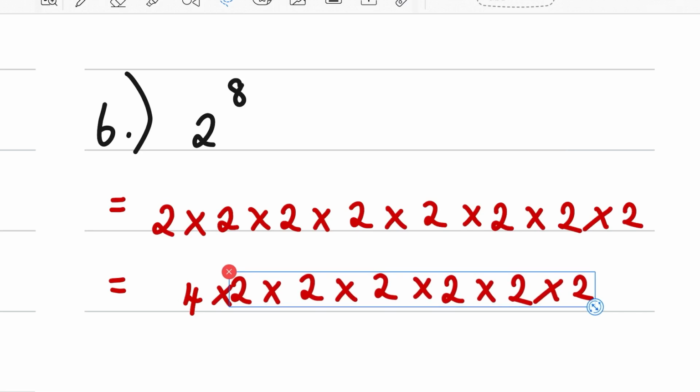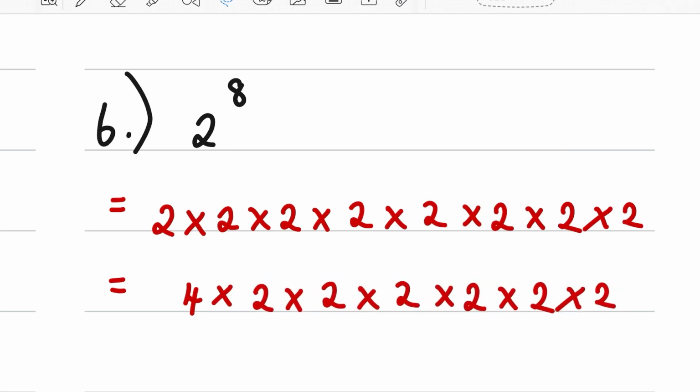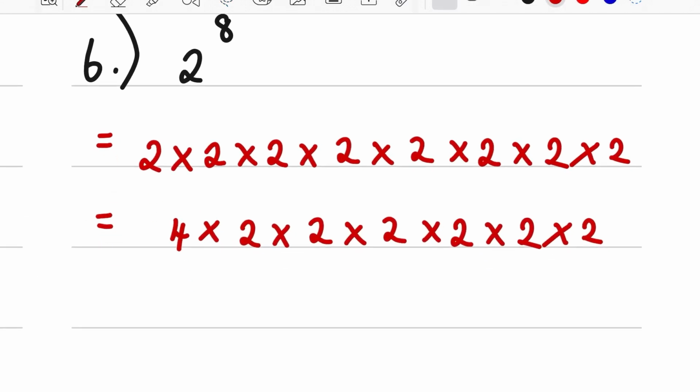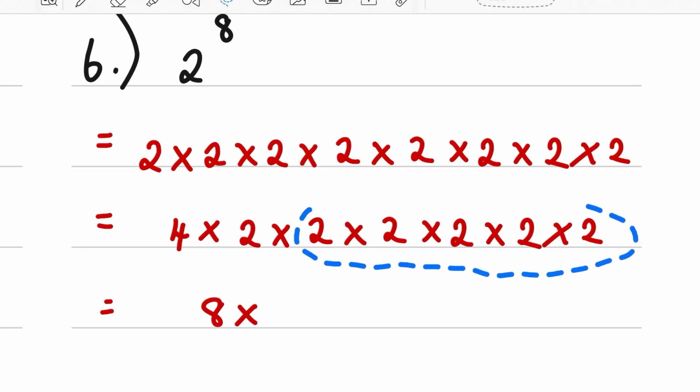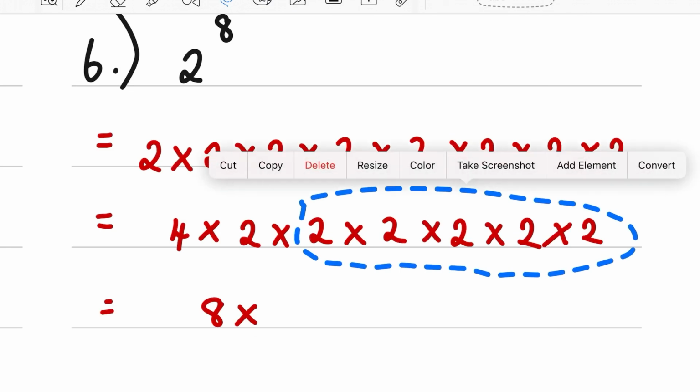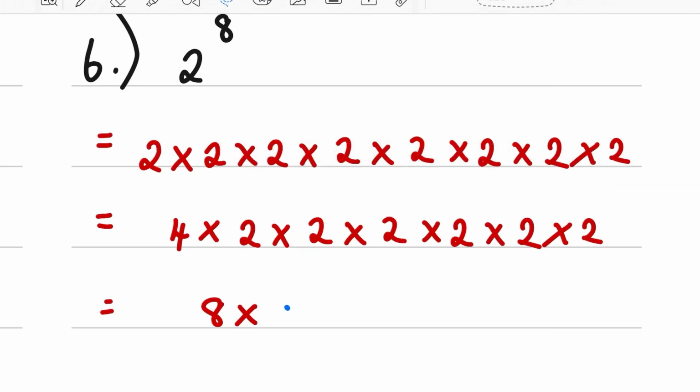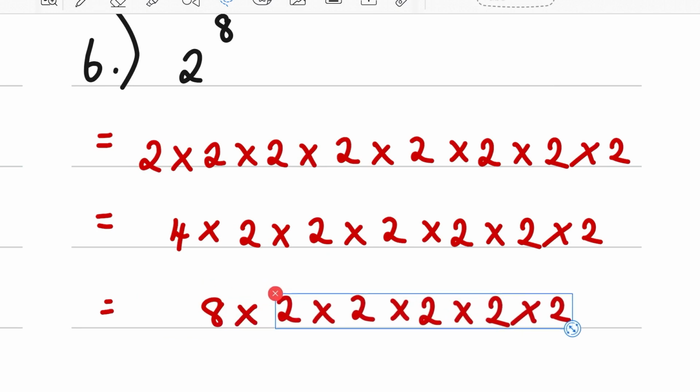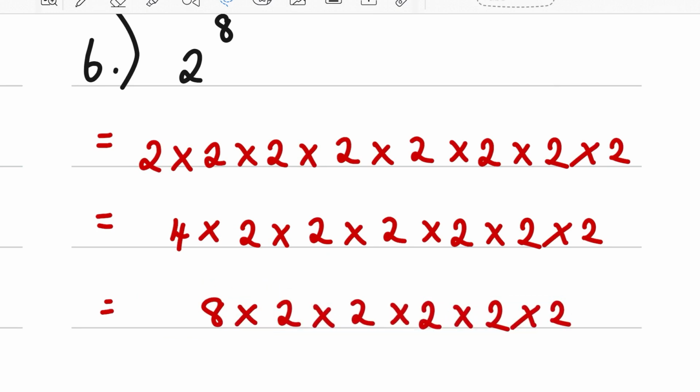We're going to work these out step by step still. So now let's do 4 multiplied by 2, which is 8. And now we have 5 2's left to operate on. Right, next we have 8 times 2, which is 16.